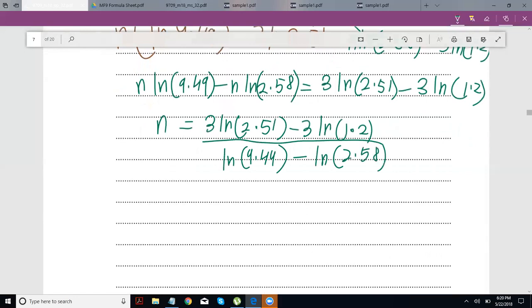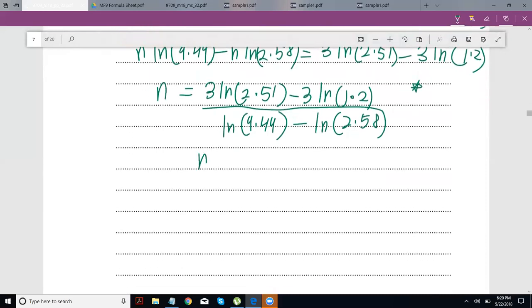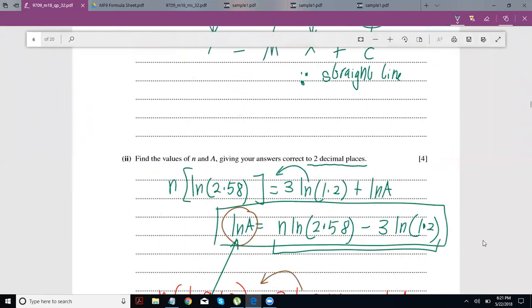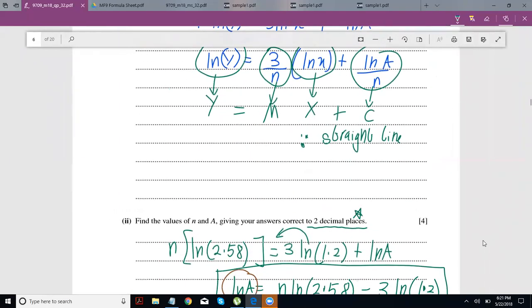So I've done two steps in one go. I've taken n common from the left hand side, and whatever was remaining I've divided it in the right hand side. Now this you can put inside your calculator to get a value of n correct to 2 decimal places. So let me go ahead and do just that. Now you're getting n is 1.70, correct to again 2 decimal places.